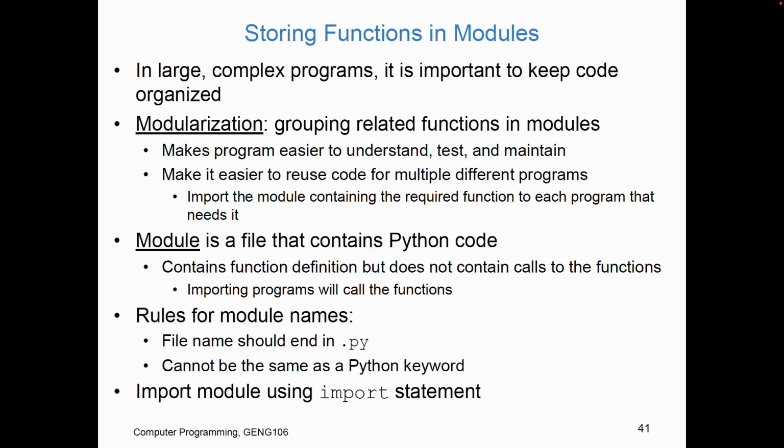Well, first we will create one Python file that ends with .py. So basically it will be a regular Python file. And then, of course, the file name shouldn't be a Python keyword, like return, for, and so on. And then in that file, you will write only function definitions.